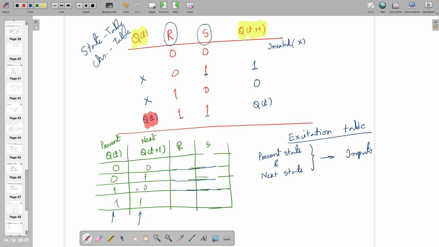So if both are 0, so where you are saying both are 0? Third row. What about fourth? Fourth row is Q of t. I can consider that one as 0 also, right? If Q of t equal to 0, then fourth row will also be there, which is going to give me this combination.